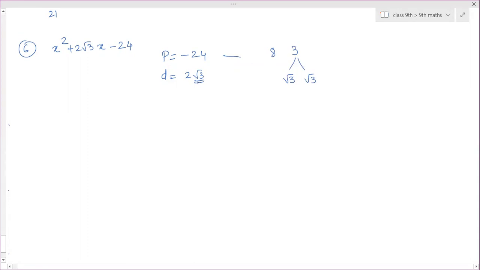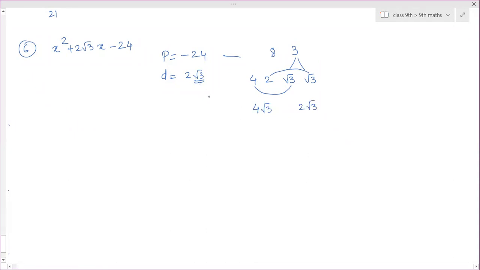Because we needed root 3, therefore 24 is divided as 8 into 3 first, and this 3 we again divide into factors as root 3 into root 3. Now 8 you can write as 4 into 2. Now along with 4 keep one root 3 and along with 2 keep another root 3. So we will get the two terms as 4 root 3 and 2 root 3. Is the difference between these two 2 root 3? Yes, ma'am.